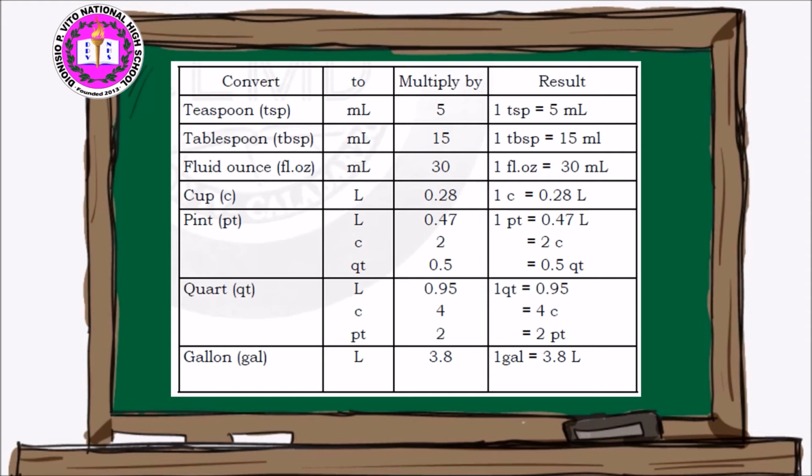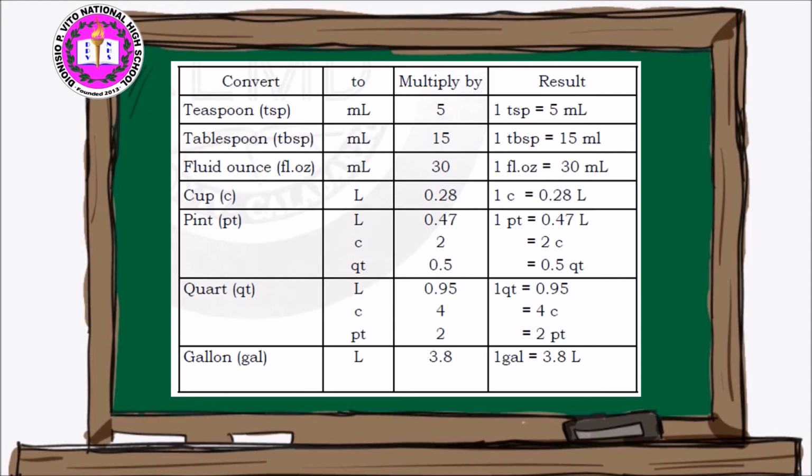Therefore, 1 tablespoon is equal to 15 milliliter. Fluid ounce to milliliter, we're going to multiply by 30. Therefore, 1 fluid ounce is equal to 30 milliliter.